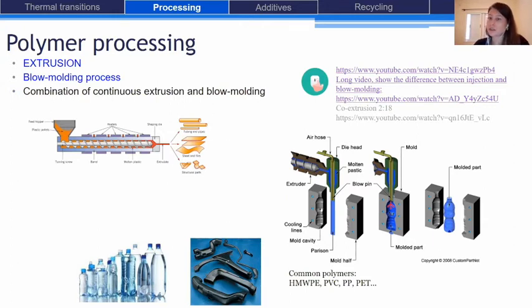And after a certain time, the mold is cooled, in order to fix the shape of the product. And once the product is shaped, the product is released by opening the mold. So for example, all the plastic bottles are created or can be created thanks to this process. And also hollow parts, such as the ones that are represented here, are produced thanks to the blow molding process.